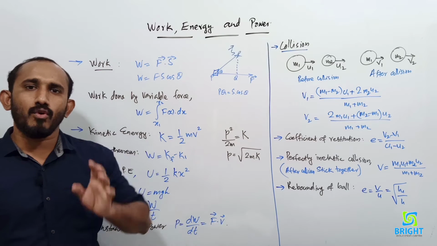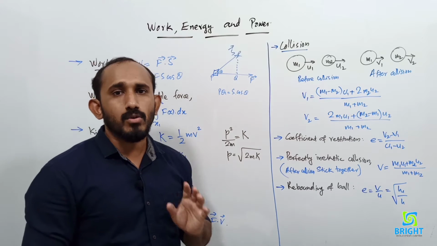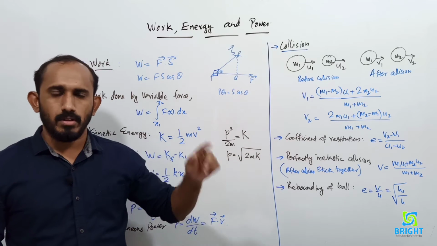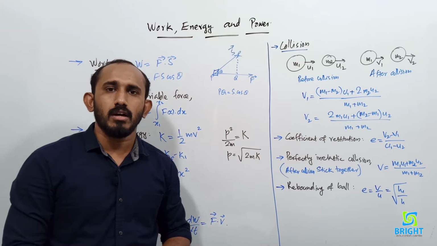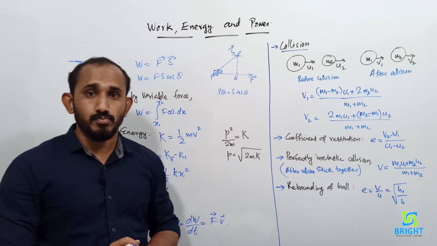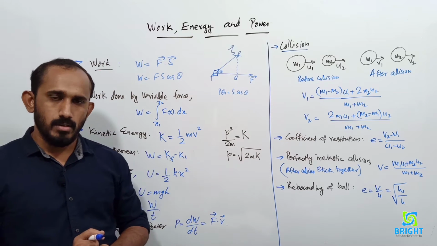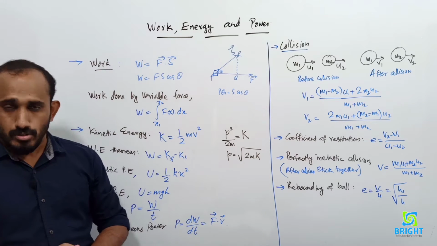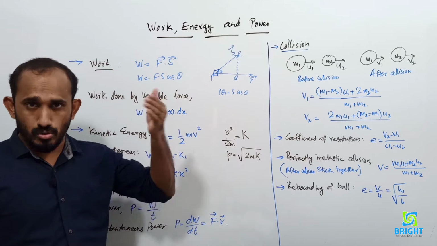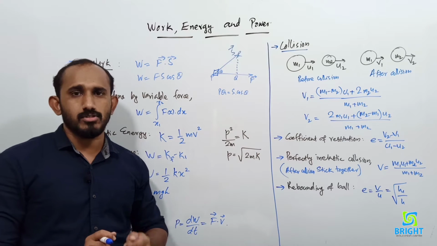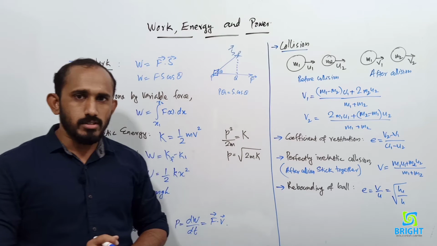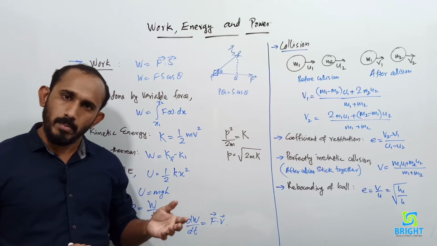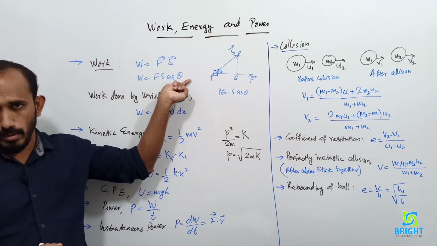That means if force and displacement are perpendicular to each other, which happens in many cases, like in circular motion, the centripetal force is always along the center and the body's displacement is tangent to the circle. Force and displacement are perpendicular, so the net work done is 0. So the work done by the gravitational force on a planet revolving around the sun is 0. And if a body moves in a direction perpendicular to the applied force, the work done will be 0 again.